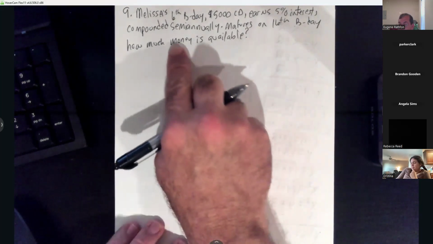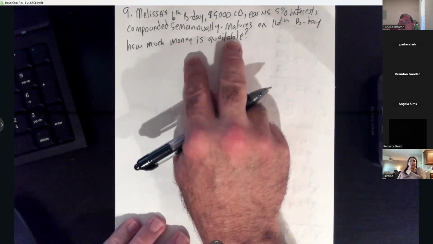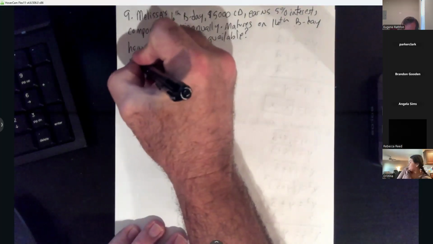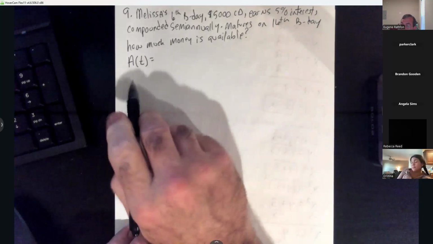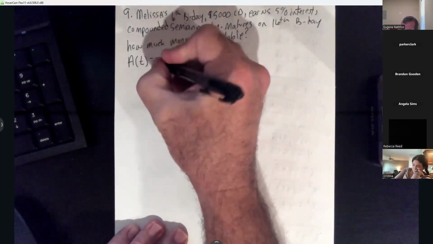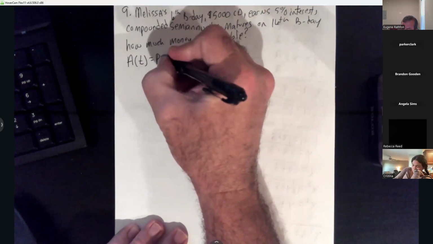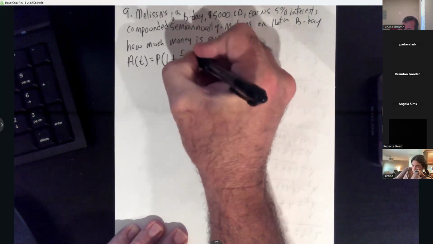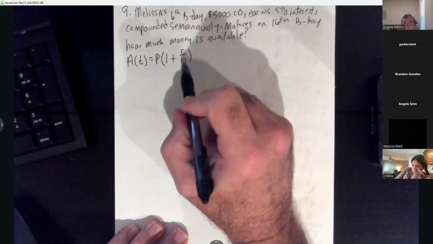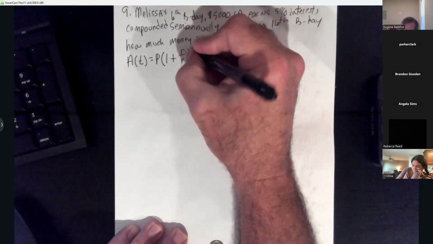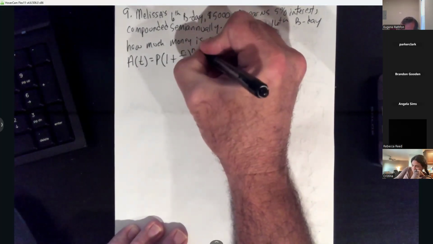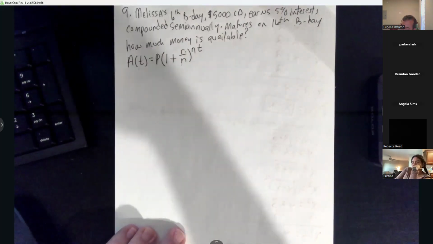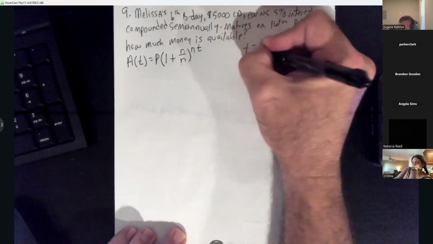All right, so back when we was doing the investment type problems, this come out of 9.3. We were using this formula where we said the amount in the account at any time t equaled P, which was her principal balance, times 1 plus R divided by N, where R was the interest rate, N was the number of compounds, and then that was raised to the N times T. So y'all, the first thing you got to figure out, what is T?